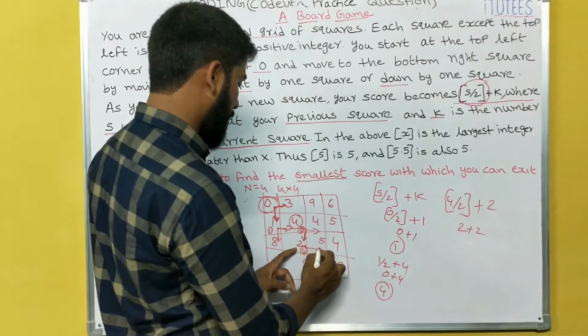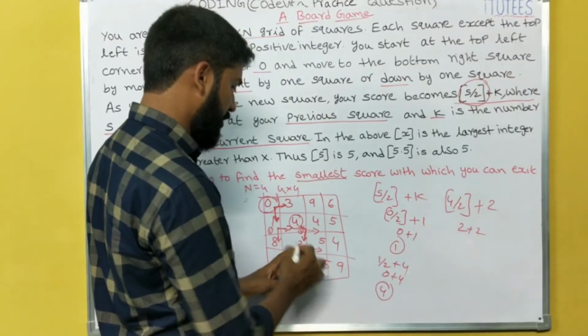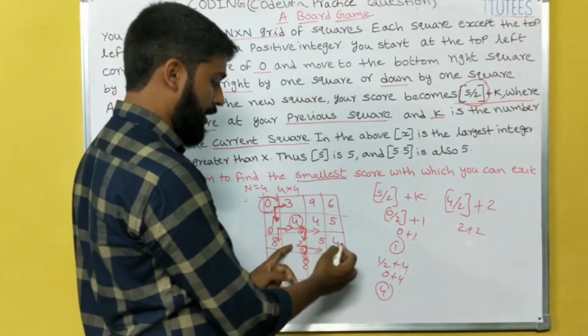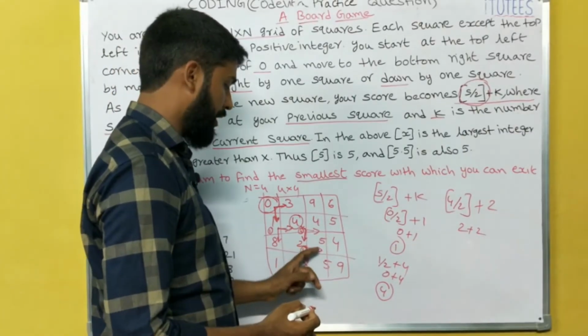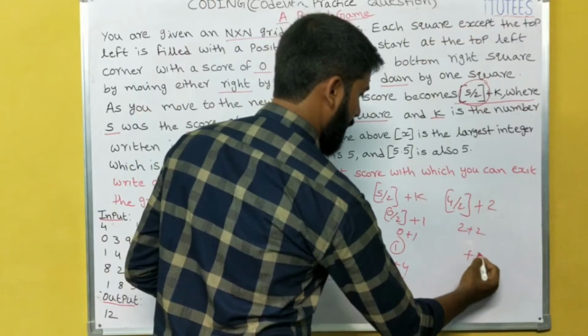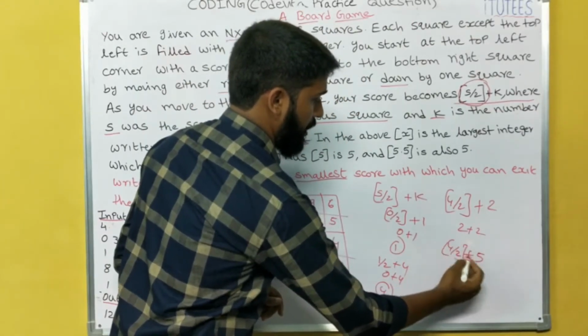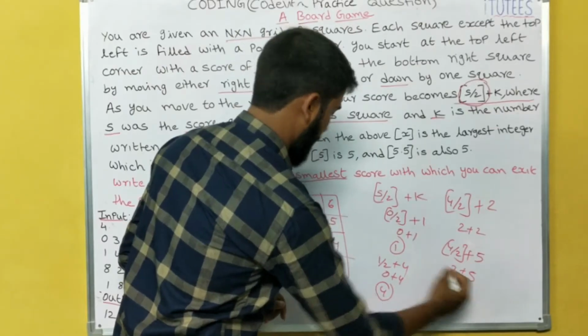Now you can move right or you can move down. In 5, 8, so 5 is the smallest value. So I can move right. So that means now the k value is 5. Previous value is 4. 4 by 2 means 2 plus 5. That means 7.